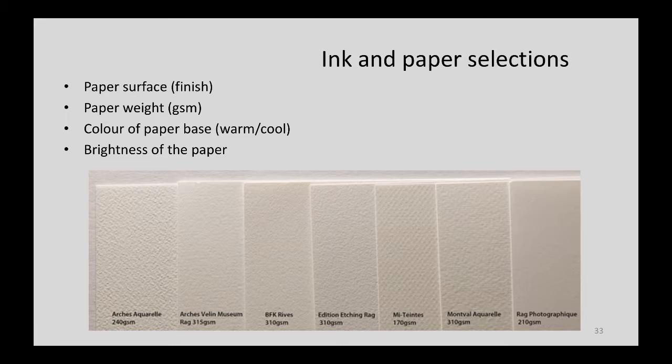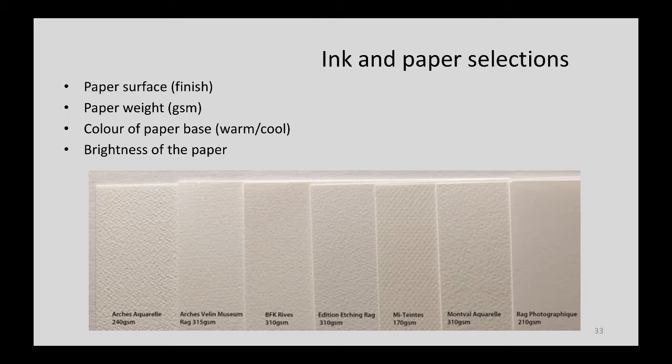There is such a variety of paper surface finishes, and these range from smooth through to quite textured. Also the paper ranges from gloss through to matte. The selection of paper depends entirely on your image and how you'd like that final image to appear. Now also, paper has different colour of the base.